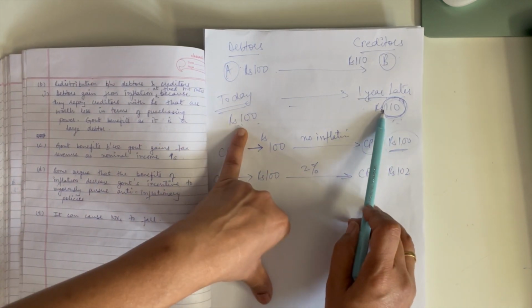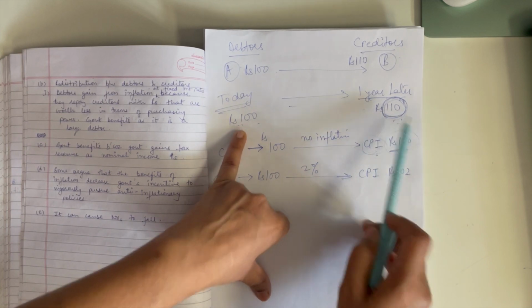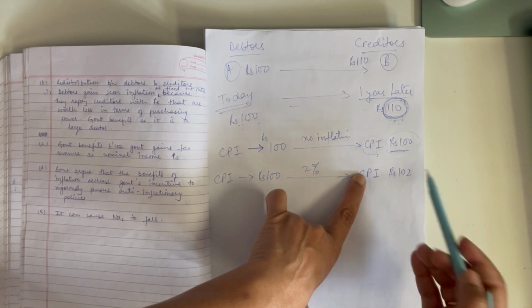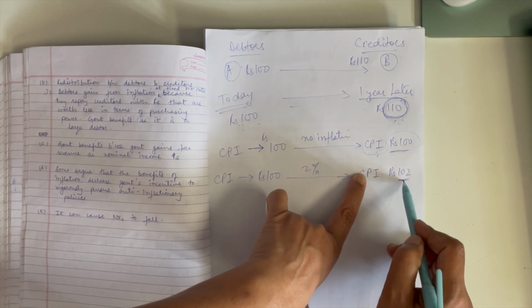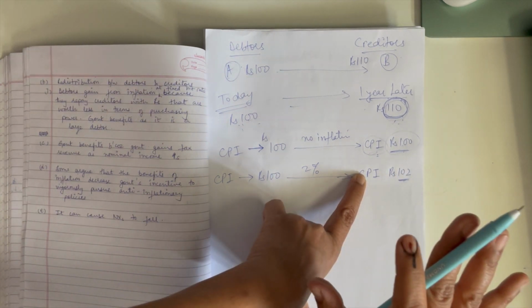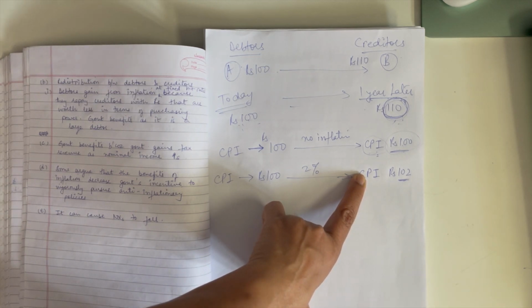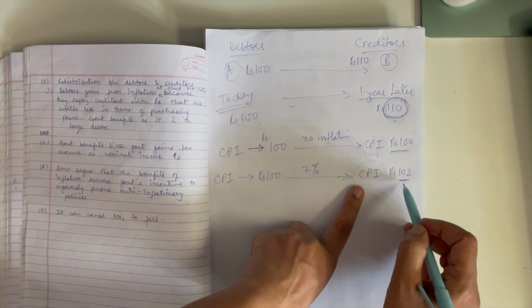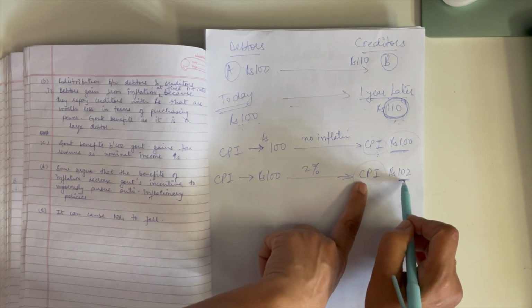A is giving 110, but the same basket of goods B can buy at 102. Same basket of goods, but due to inflation, the prices have gone up, so it can be bought at 102 out here.